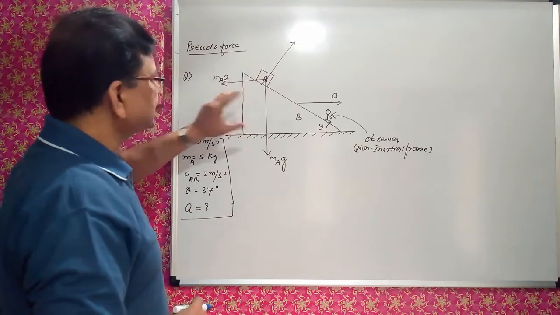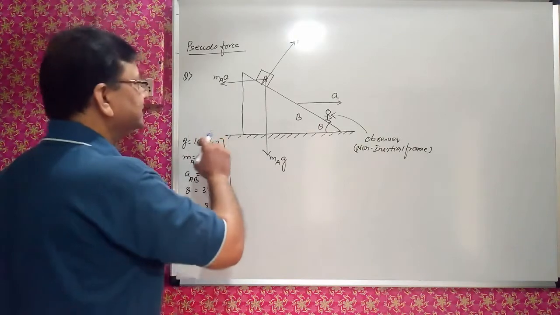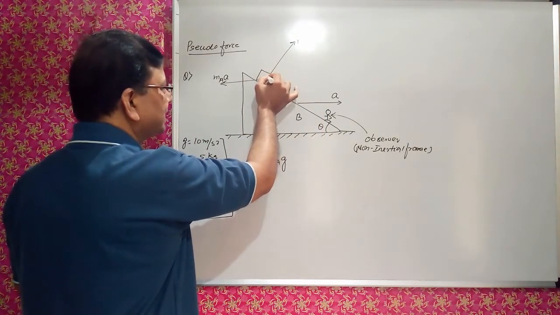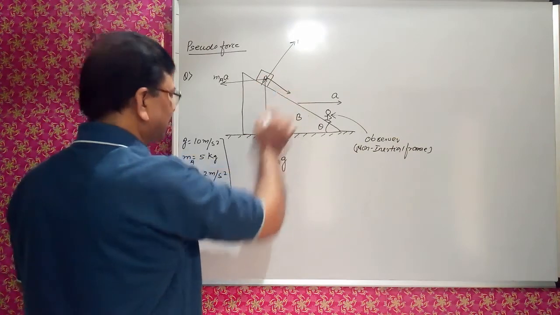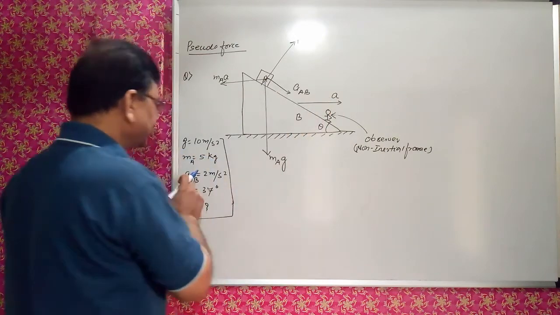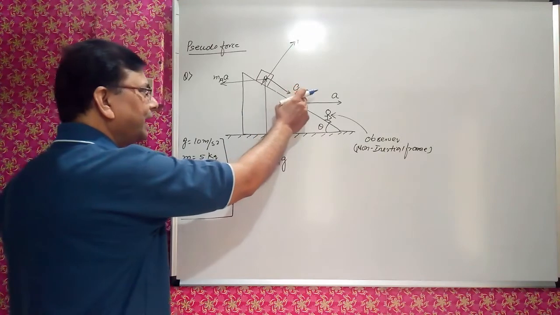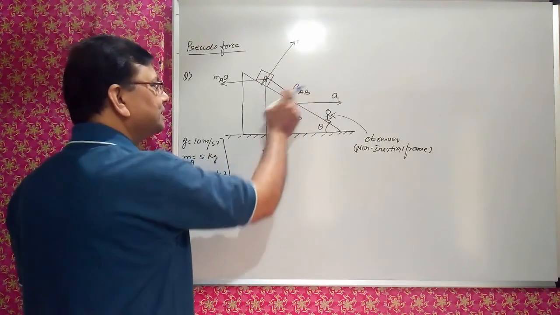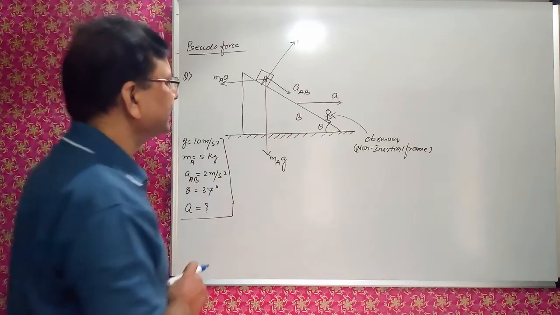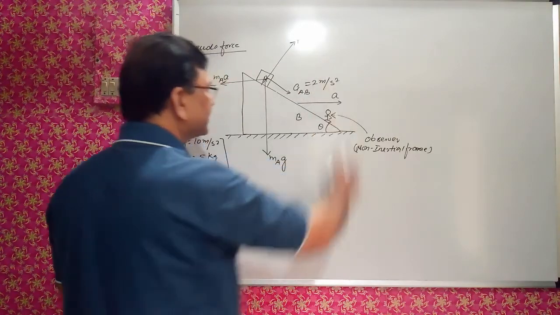These three forces are causing some acceleration, and that acceleration is along the incline. Suppose this is aAB. Acceleration of this mass along the incline is aAB because we are finding the acceleration with respect to B, and this is given as 2 meters per second square.